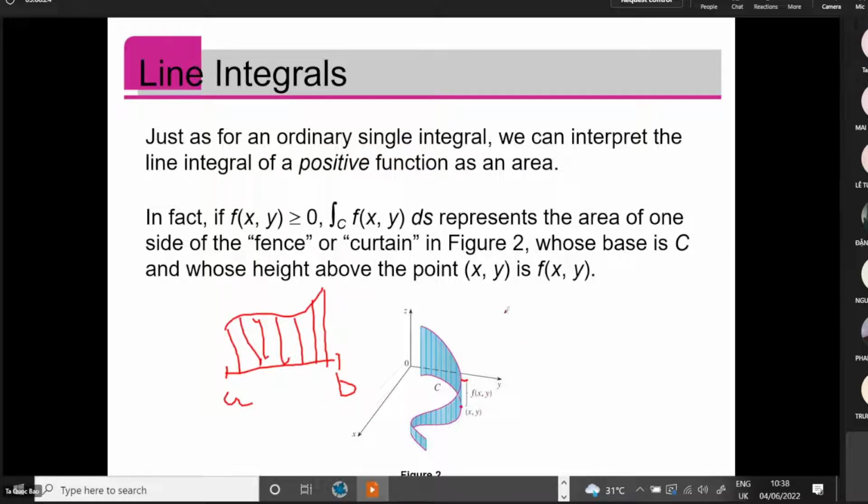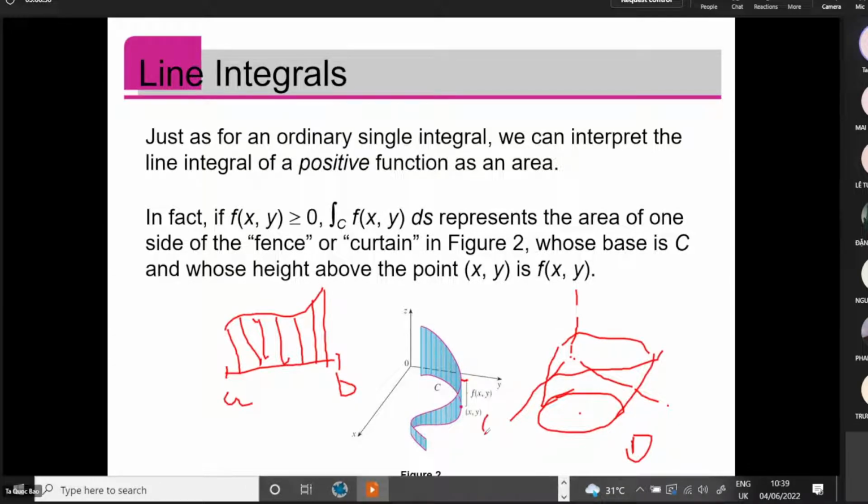Okay, so this is the curve on the surface. Understand? So remember, it's just different. From here we have a set D, and then we have the surface on D here.